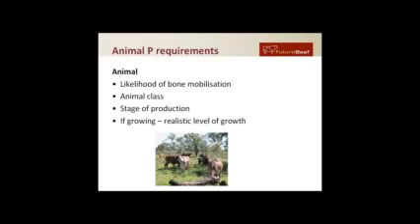So if we focus on the animal, first of all, we need to look at what the animal requirements are. I'll talk about bone mobilization shortly, but first of all, we need to look at the class of animal that we're supplementing. Are we supplementing a weaner that's got rapid growth? Are we supplementing a first calf cow that's wet, or a mature cow that's wet?